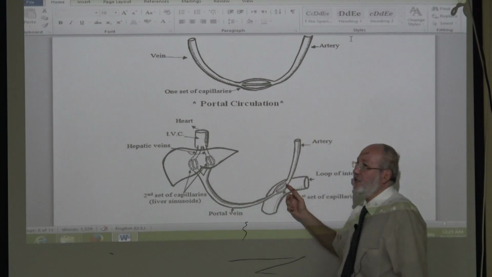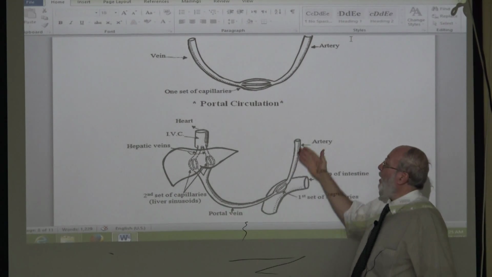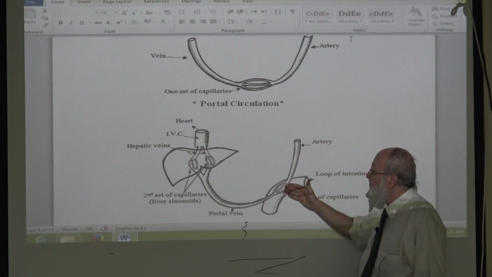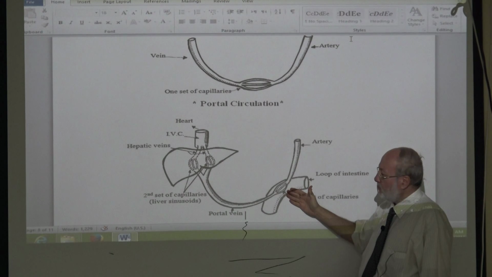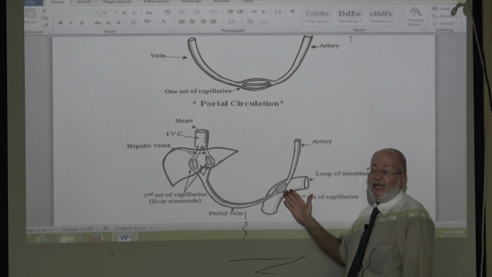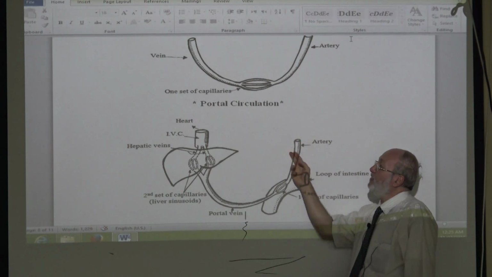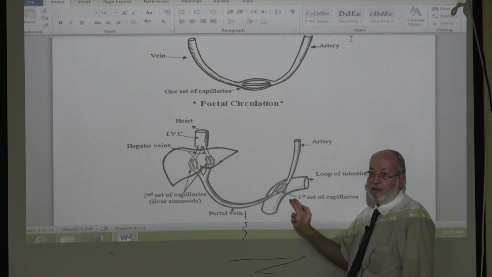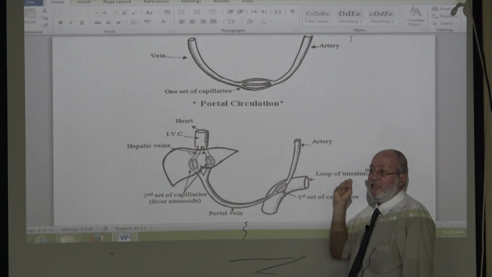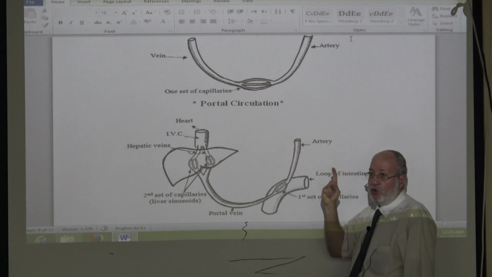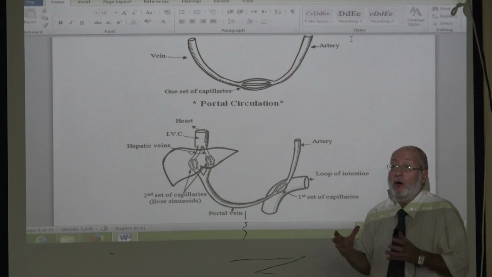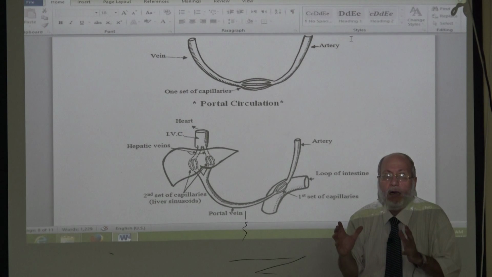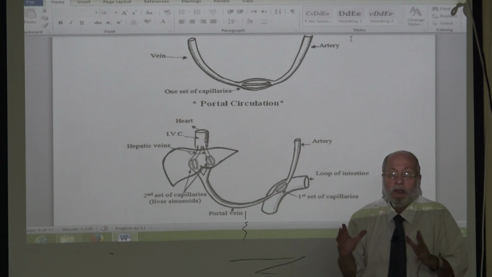But in portal circulation, excessive arterial blood goes to the gut. There are 3 arteries supplying the gut: the celiac trunk, superior mesenteric, and inferior mesenteric arteries, which arise from the abdominal aorta.